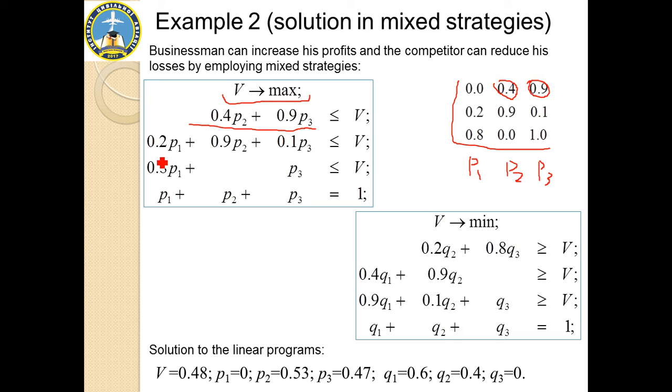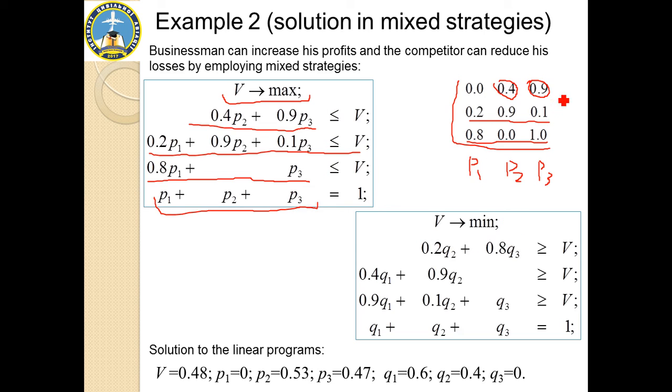The second column of the matrix will bring us to the second constraint. And the third column of the matrix will give us the third constraint. Then the additional condition that the shares should sum up to unit, and the second linear program from the standpoint of the competitor.